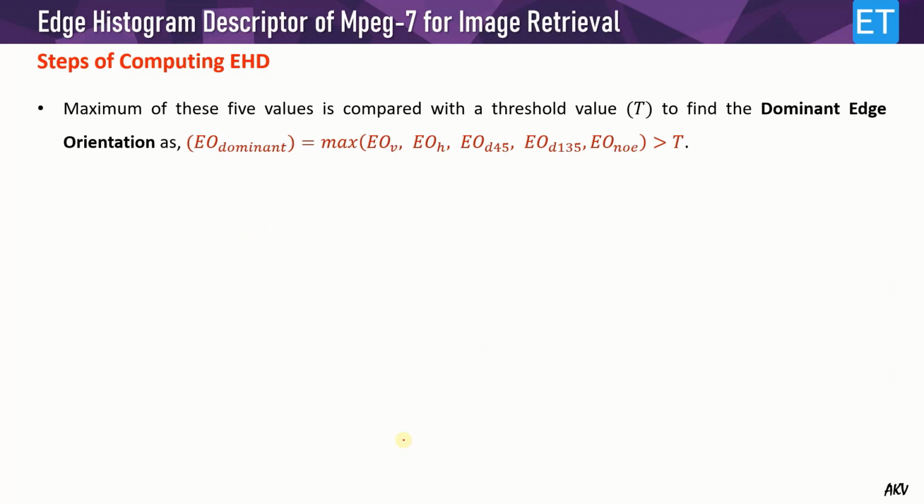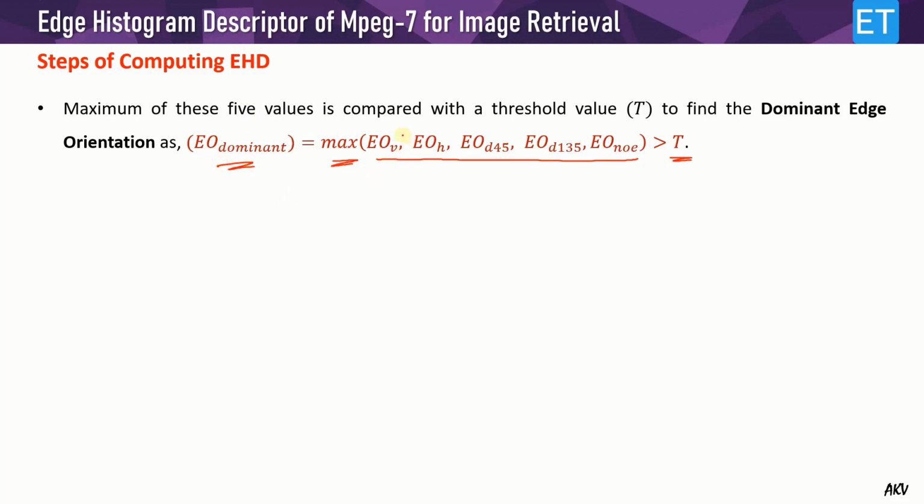So these 5 values are obtained by a simple mathematical operation. Now we find the maximum of these 5 edge orientation values, and then compare this maximum with some predefined threshold to get the dominant edge type.